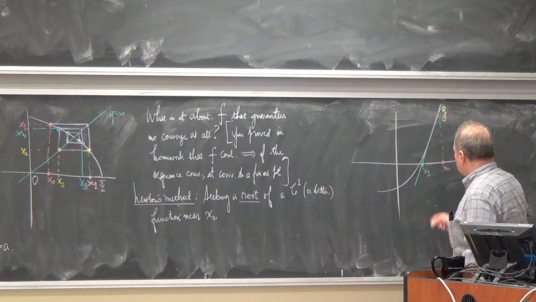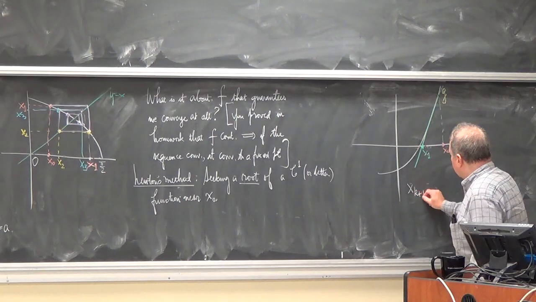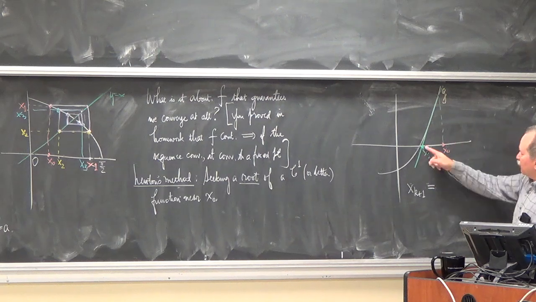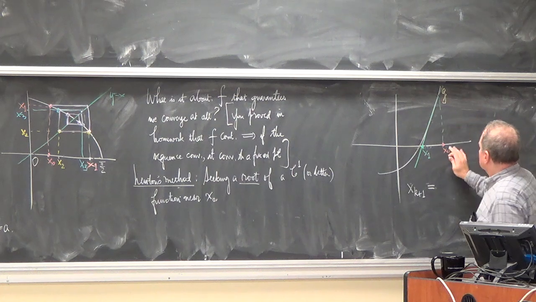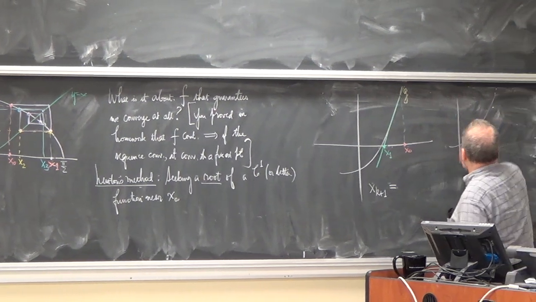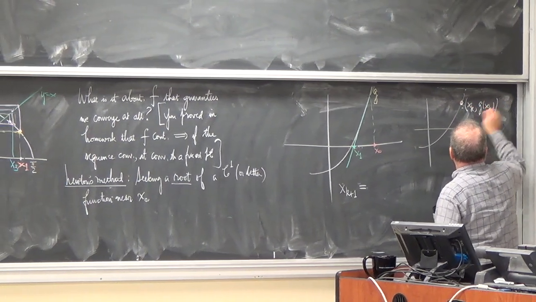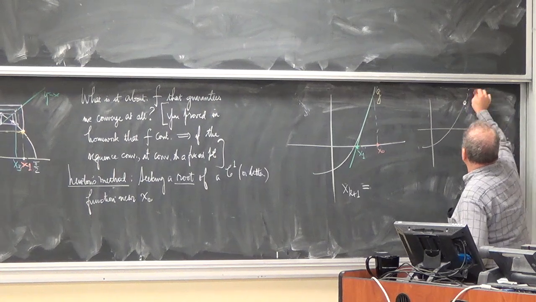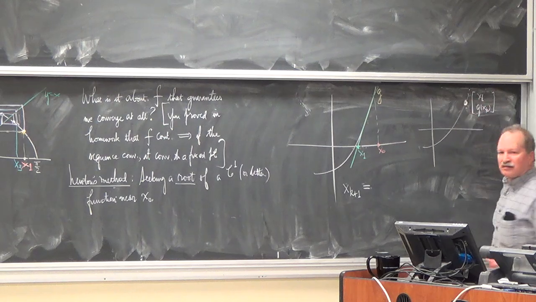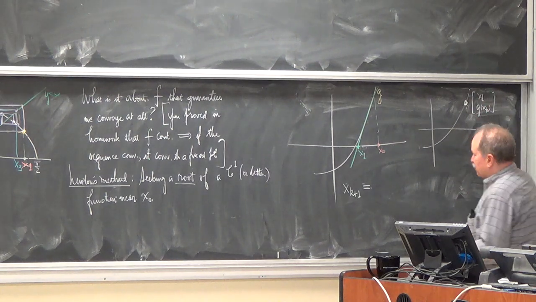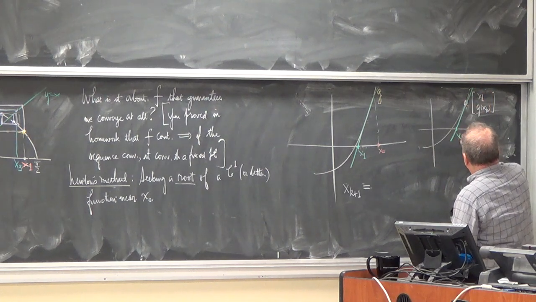When you solve for x sub k plus 1, you're finding the x-coordinate of the line through the point xk, g of xk. You draw the tangent line, and then this is x sub k plus 1.